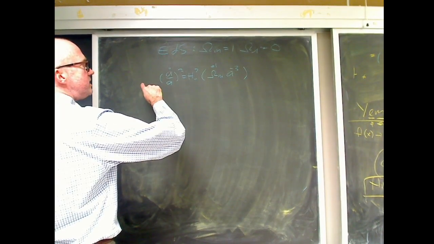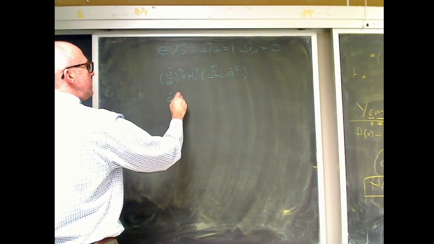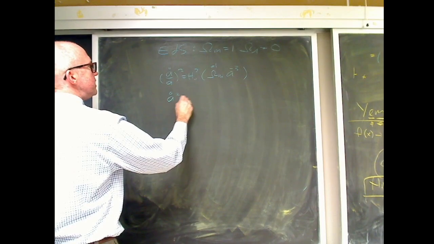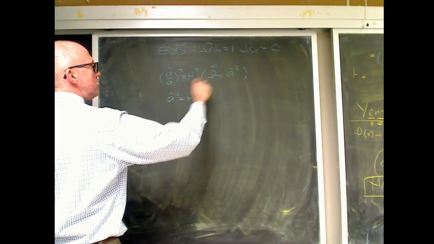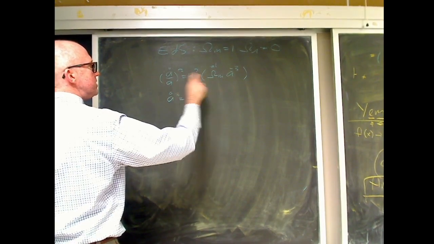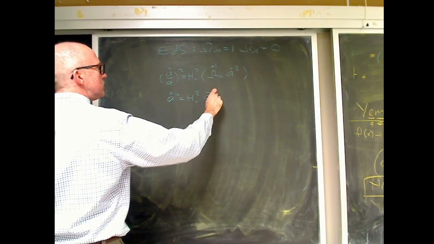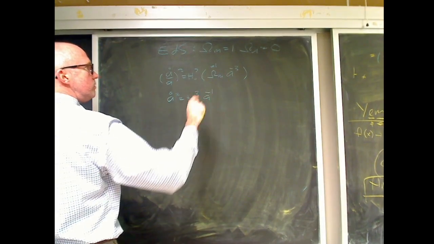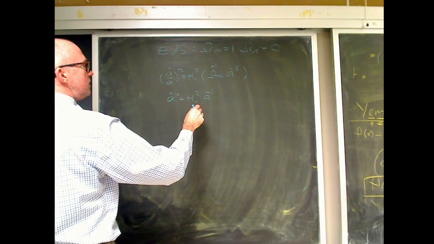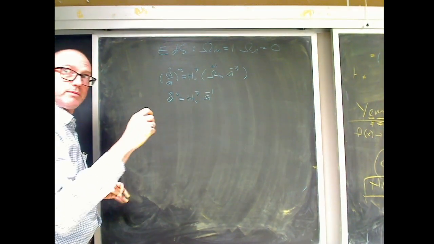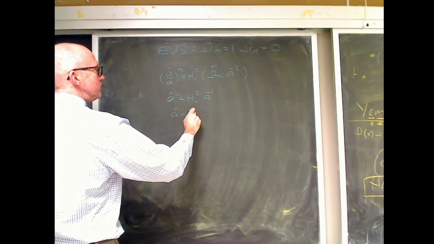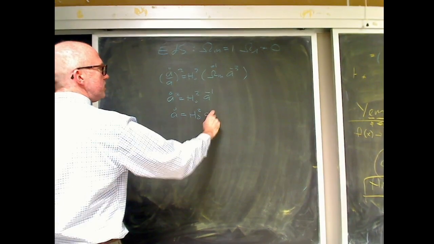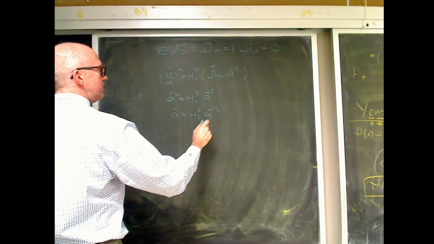So we take a square root and we're left with A dot, actually let's do math first. A dot squared equals H naught squared. Let's get rid of that 1. A to the minus 3 times A to the 2 gives me A to the minus 1. And when I screw up, feel free to holler out. So we take a square root and we got A dot equals H naught A to the minus 1/2.